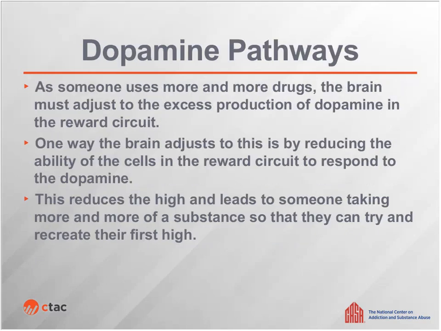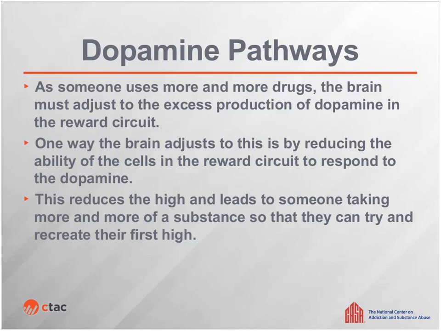As I mentioned a few minutes ago, the dopamine pathway is one pathway that we refer to when we talk about the reward circuitry. In the dopamine pathway, as someone uses more and more drugs, the brain has to adjust to the excess production of dopamine in the reward system. One way the brain adjusts is by reducing the ability of the cells in the reward circuit to respond to the dopamine.